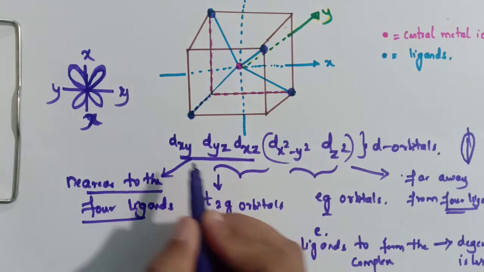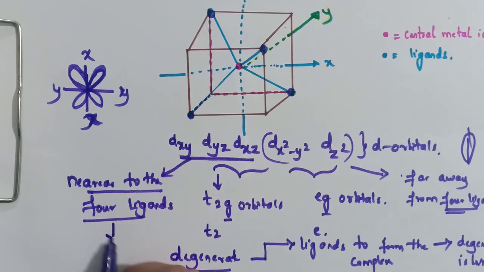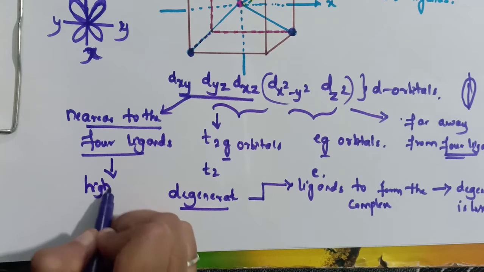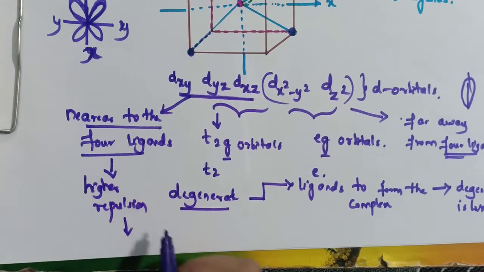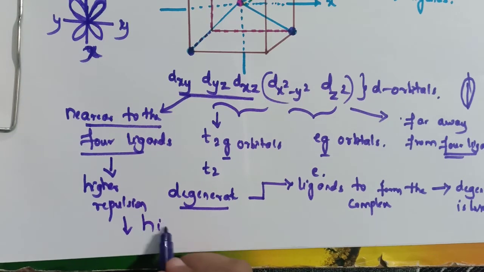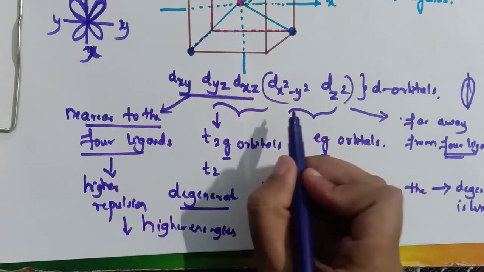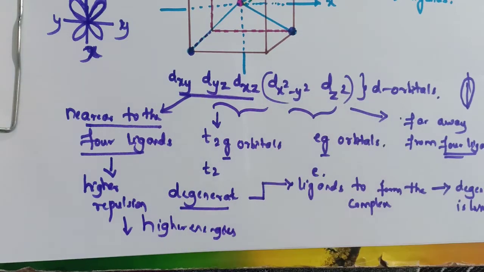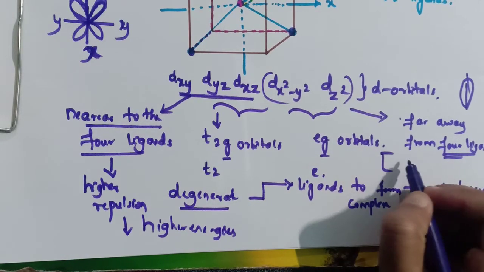So dxy, dyz and dxz are nearer to the 4 ligands. That means they have higher repulsions. Higher repulsion indicates that these have higher energies. While the eg orbitals, that is dx square minus y square and dz square, are far away from the 4 ligands. That means repulsion is less.